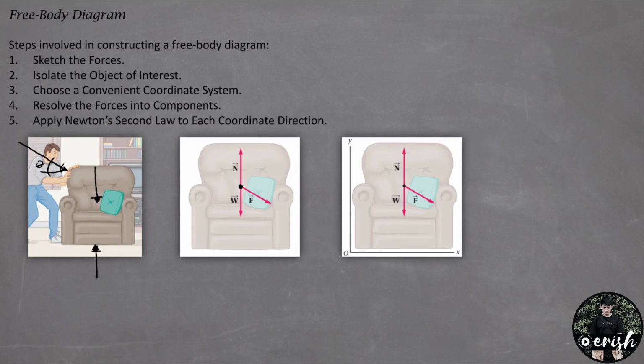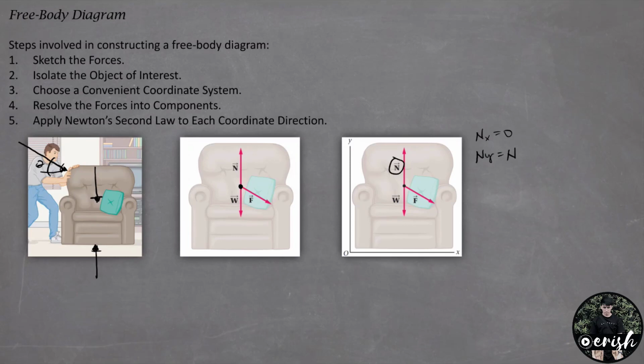And step number 4, we have to resolve the forces into components. So, let's start with the n here. Yung n is nire-represent niya yung normal force na madidiscuss pa natin sa later lecture videos. Since pataas yung ating normal force, n sub x is equal to 0. And for n sub y, we have simply the n lang.